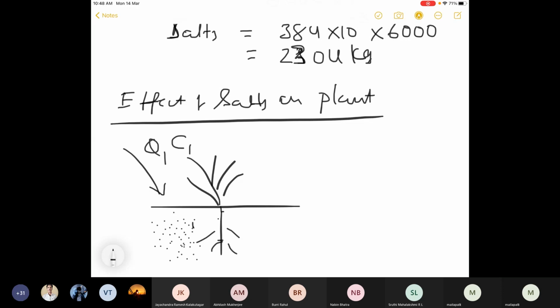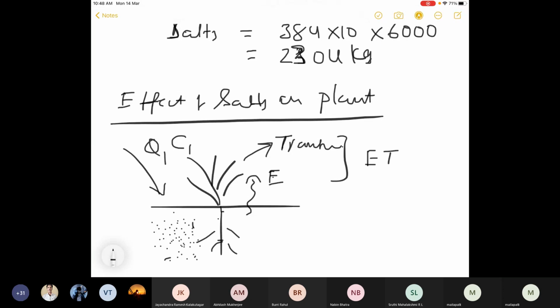Okay, so what happens if there are some salts present around? How are these salts going to influence, let's say now our focus is on water uptake, right? The plant is supposed to take out the water through transpiration, right? And this is evaporation, and both together you get evapotranspiration.